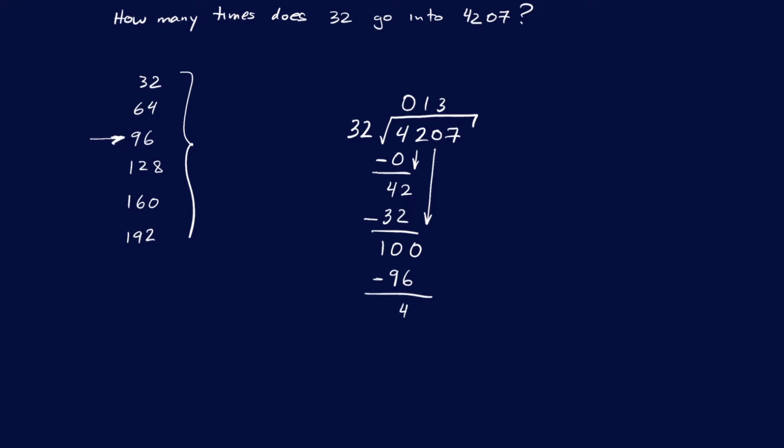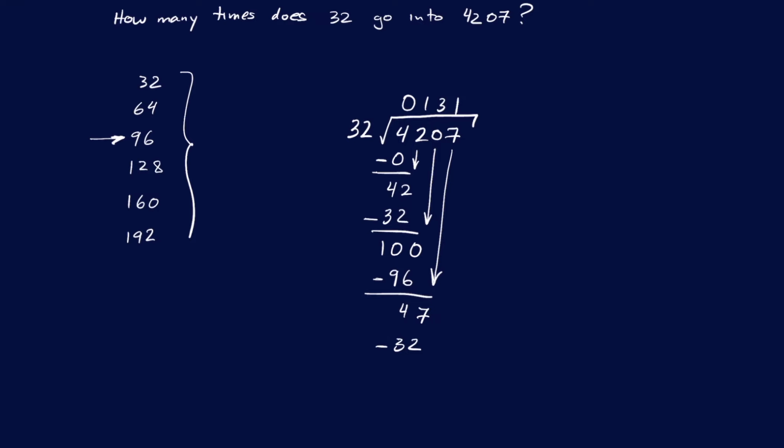Now the next step, since we just subtracted, is to bring down the next digit of the numerator. So we're going to bring down the 7. So now we have to figure out how many times 32 goes into 47. And the answer is it only goes into 47 one time. Now the next step is to multiply 32 by 1, which is 32.